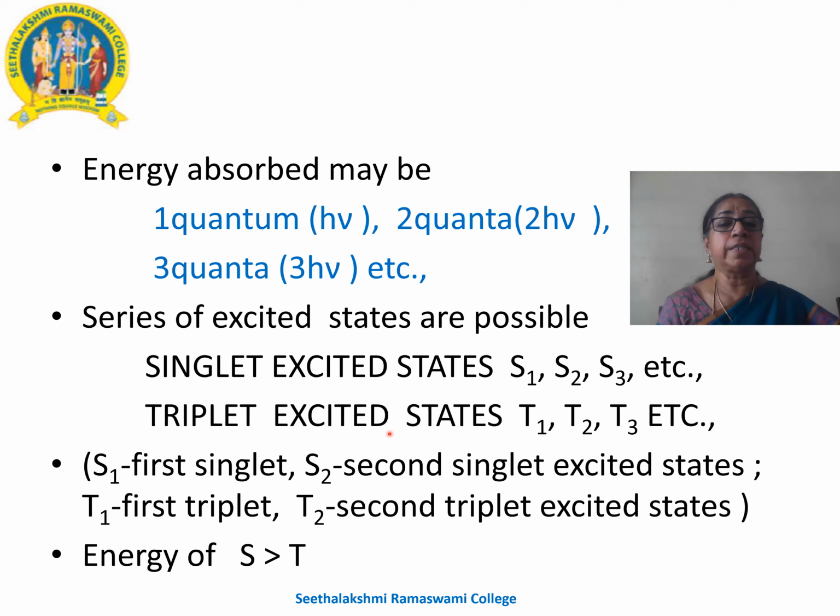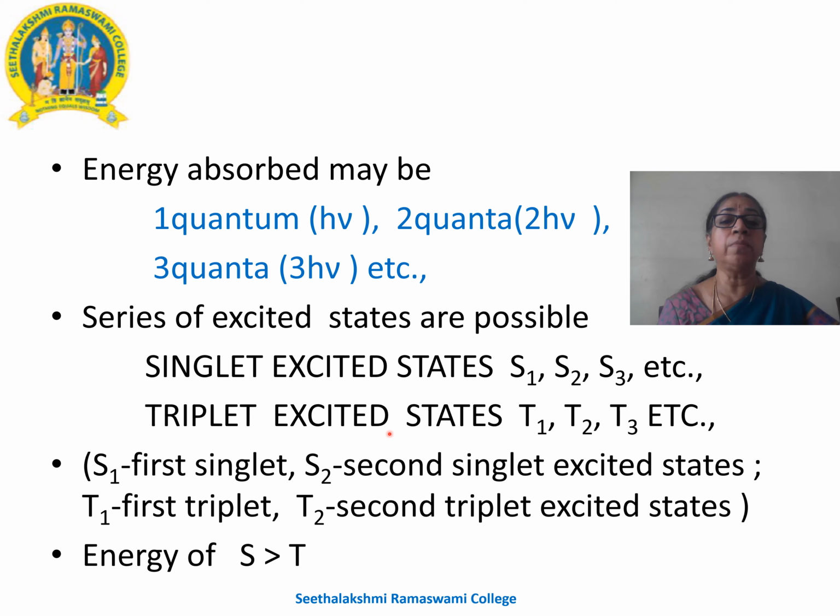The molecules have the tendency to absorb 1 quantum of radiation, 2 quanta or 3 quanta. The amount of energy absorbed differs for different molecules.